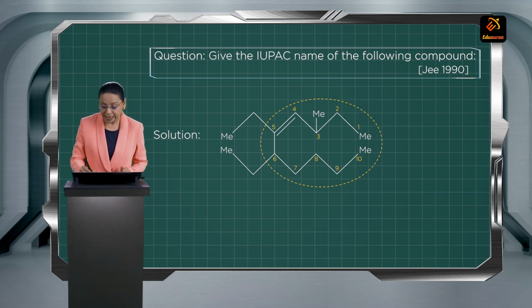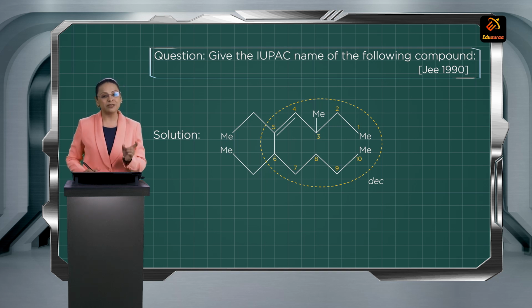So I can say dec. Look out for any double bond if it is present. Exactly, it is present at the 4th carbon. So we will say 4-decene. After that, are there any substituents which are present? Of course, at the 5th and the 6th position. Do you realize this is an ethyl group which is present?